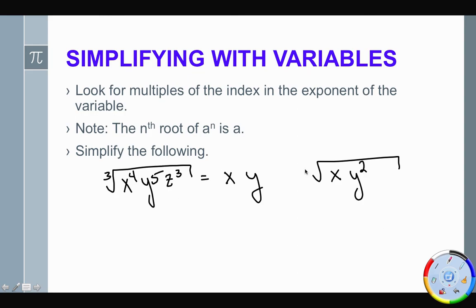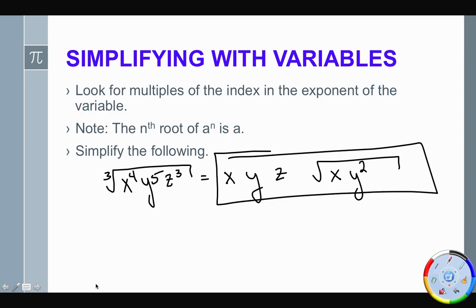And 3 divided by 3 is 1 with nothing remaining, and that is our final answer. So that is a faster way to do the variables, thinking about division, because it's really just breaking it into groups of the same power.